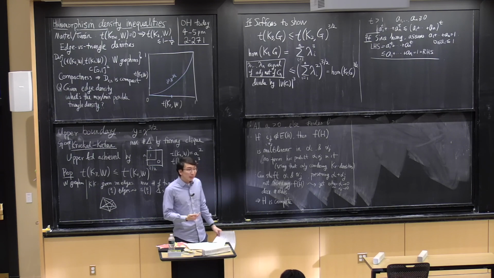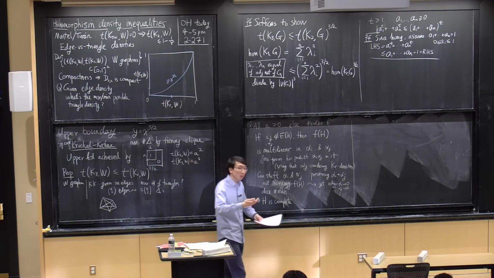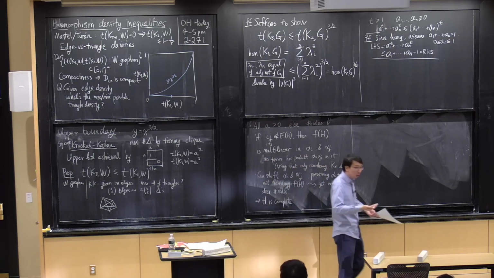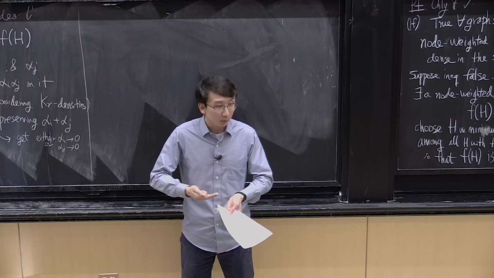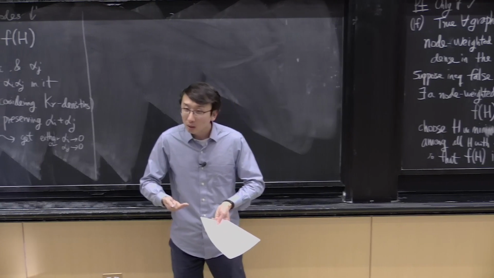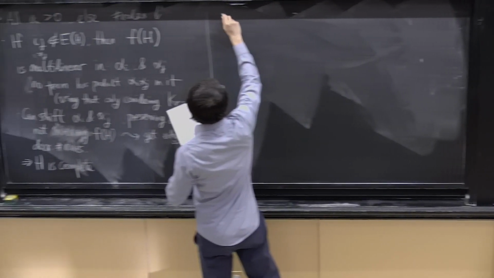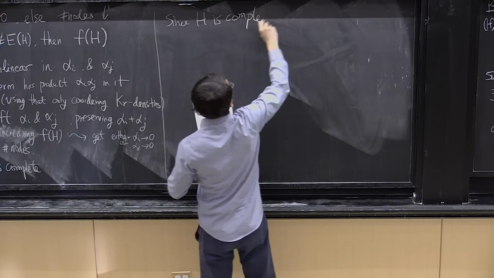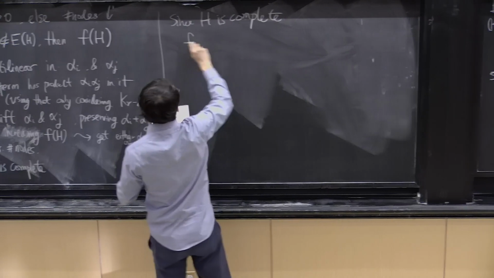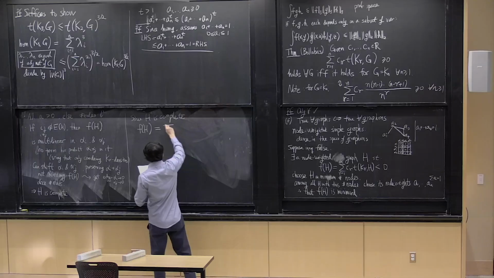And if H is complete, then as a polynomial in these alphas, what should f look like? Well, it has to be symmetric with respect to all these alphas. So since H is complete, we see that you can write down exactly what f of h is in terms of the parameters described in the problem.